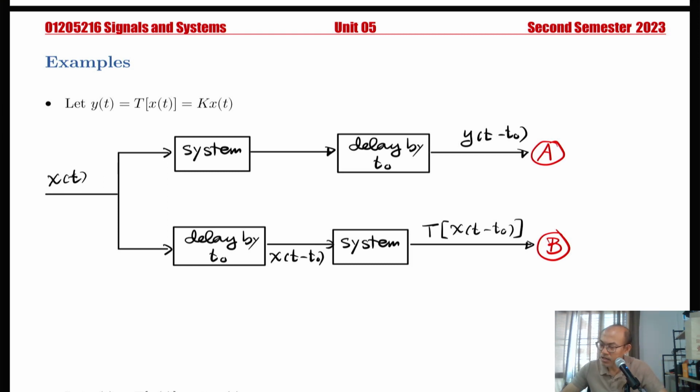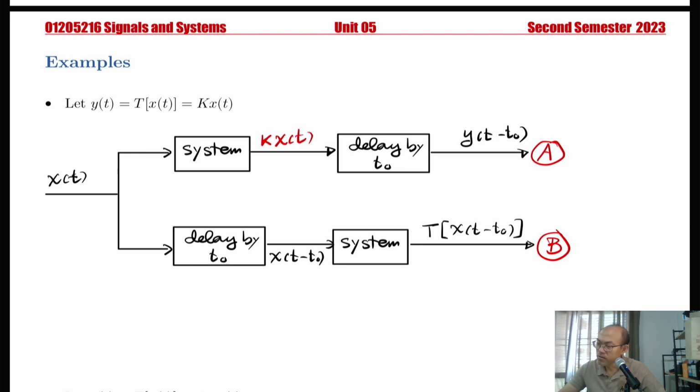So I have an arbitrary x. I'm not specifying x to be anything, I just write down x. And when x passes through this system, the system multiplies x by k. So what comes out of the system is k times x(t), right?